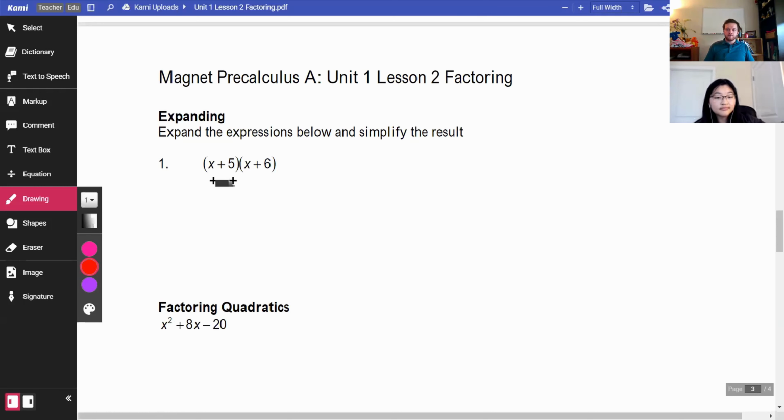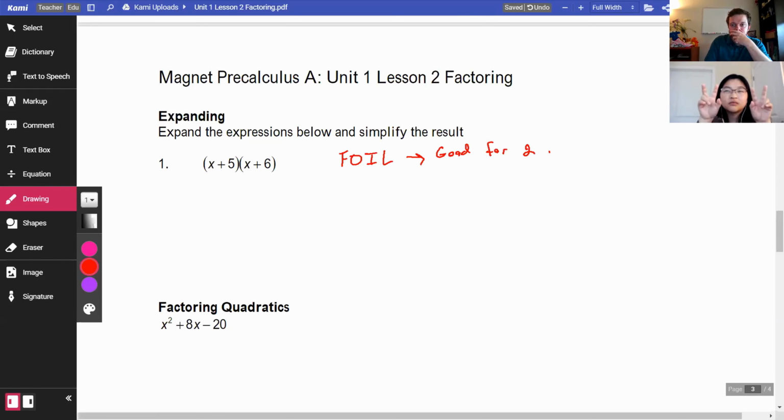Mrs. Contreras, I hear you have strong opinions about vocabulary here. Well, expand, that's a good way of putting it. I think there are people who choose to refer to this as foiling. And foiling is very effective when you're multiplying 2 binomials, meaning the things you're multiplying only have 2 terms each.